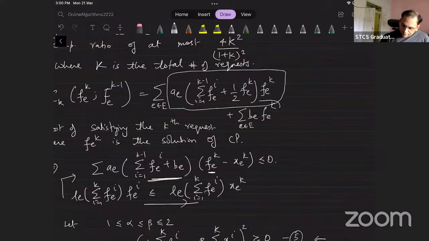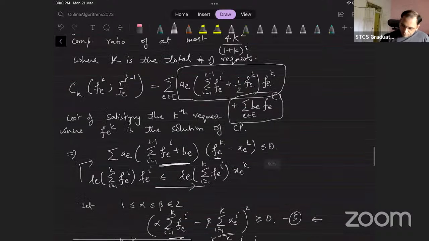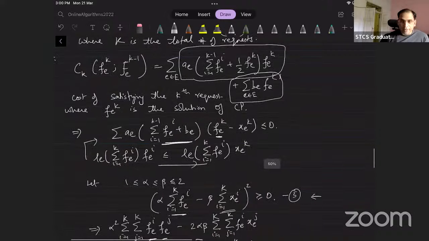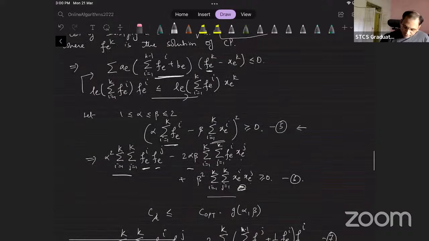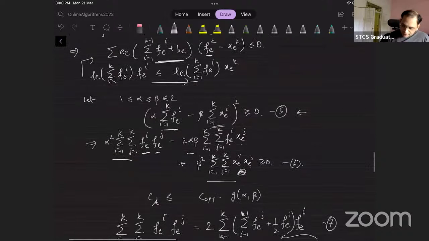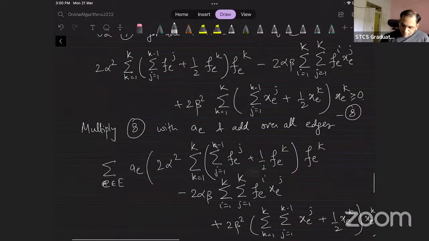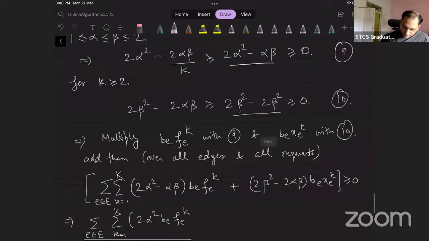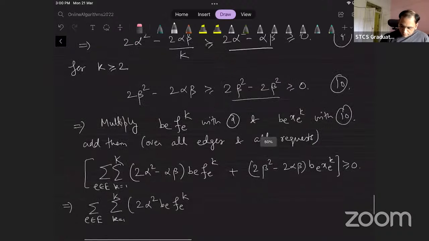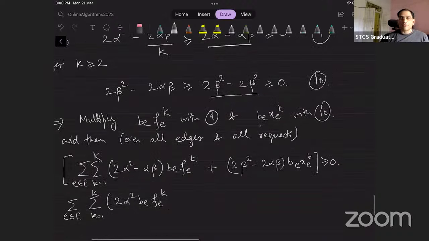For quadratic, we have essentially 5, because there are all these cross terms, f_e times f_e, x_e times x_e, and f_e times x_e. Now the linear terms is what we are now handling. For the linear terms, again we take something which is greater than 0 and multiply them. So b_e x_e and b_e f_e are the linear terms. So equation number 5 took care of the quadratic terms. Now I'm taking care of the linear terms.